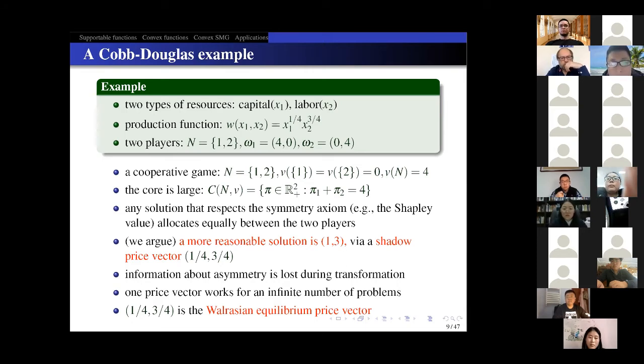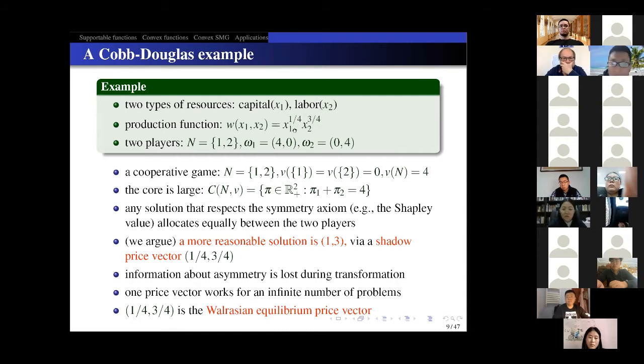My main reason is that the original problem is not symmetric. I agree that this set function is symmetric, but this set function is not our original problem. In our original problem, the two players are not symmetric because although player 1 and player 2 both own 4 units of some type of resource, the two resources are not equally important.